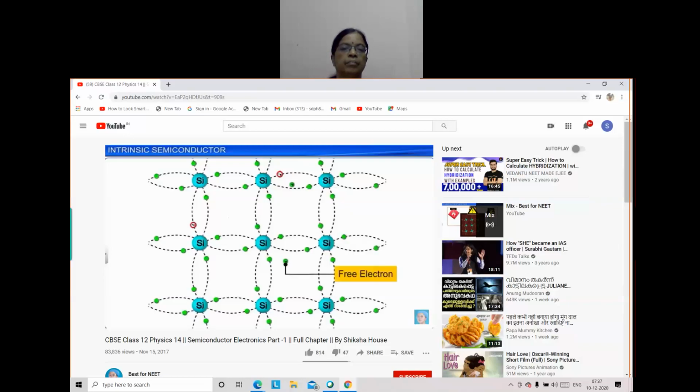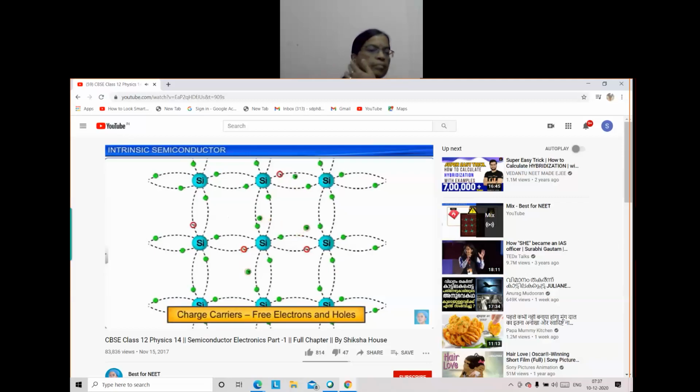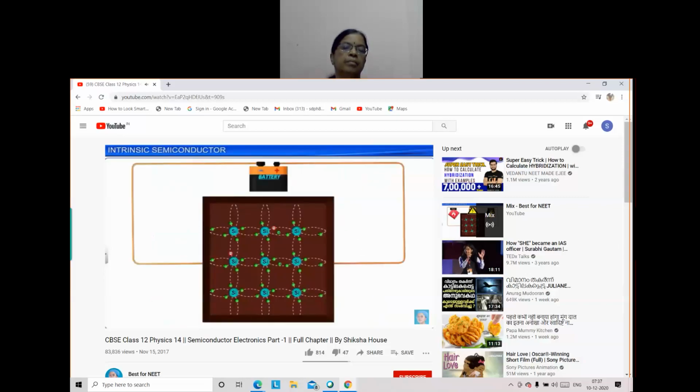Thus, there are two types of moving charge carriers in the crystal lattice of a semiconductor: the negatively charged free electrons and the positively charged holes. When an electric field is applied across a semiconductor by connecting it across the terminals of a battery, the free electrons move towards the end connected to the positive terminal and generate an electron current denoted by IE.